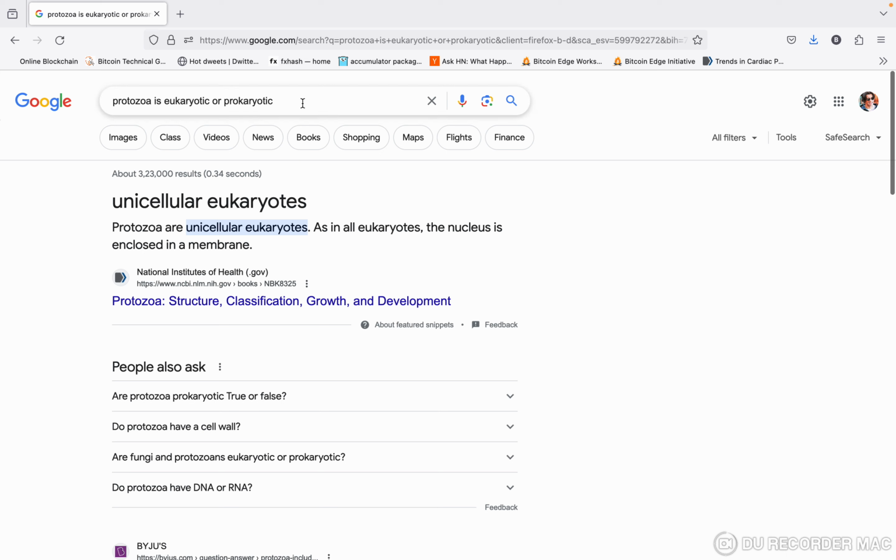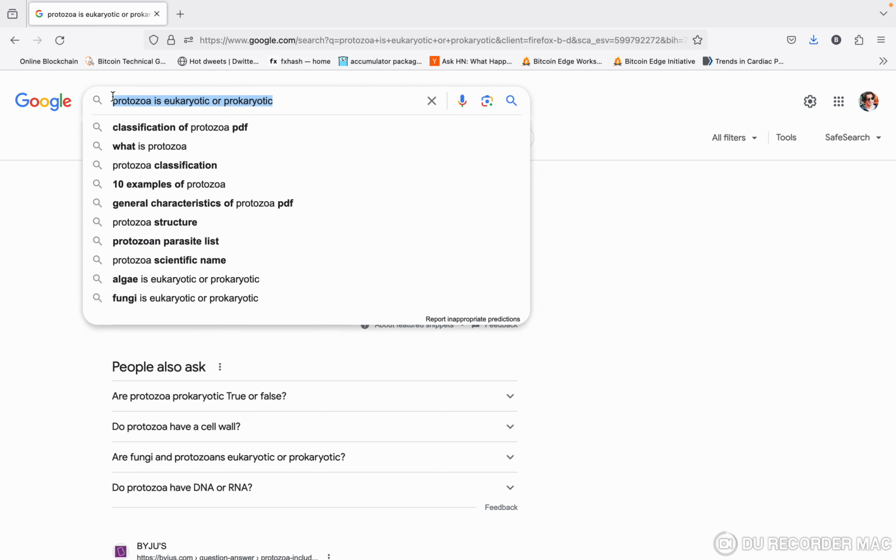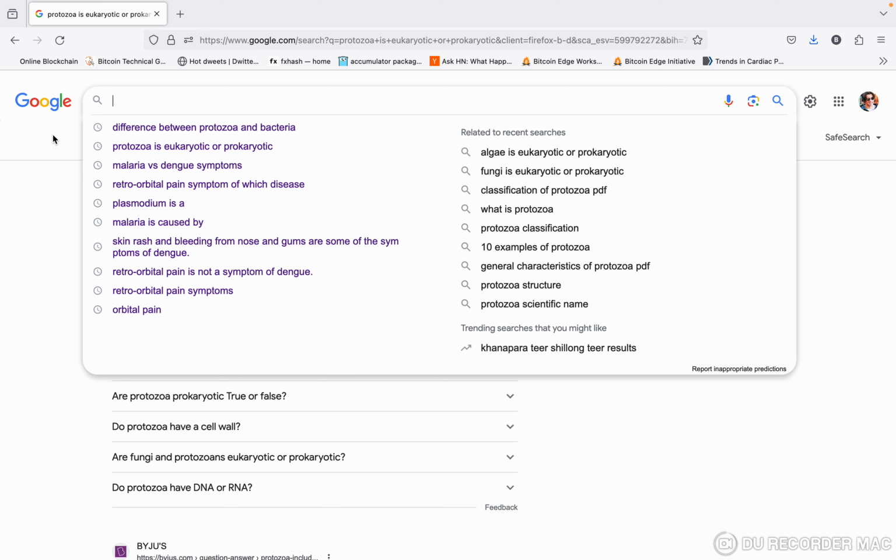Okay, protozoa is eukaryotic and bacteria is prokaryote. Okay, that's the main difference.